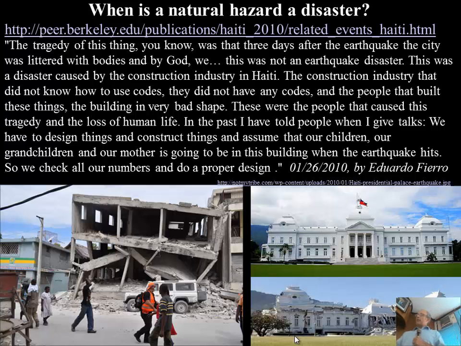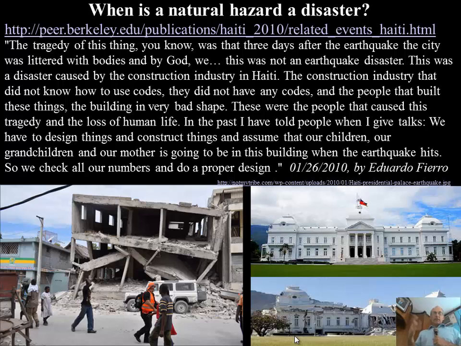So then other things about these natural disasters that are important is they're big and they go beyond just the ground shaking from the earthquake or the water flow of the tsunami. This is a quote from a structural engineer who went to Haiti.